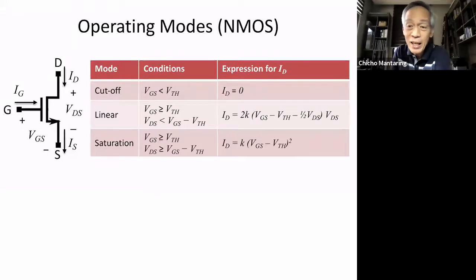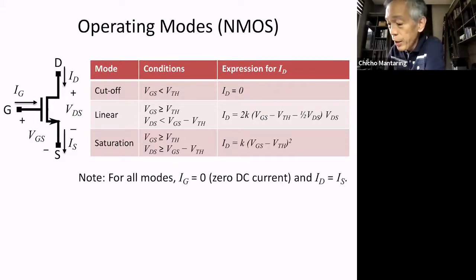So if the voltage applied to the gate is not delivering any power, then your circuit requires very low power to operate. And that's why the MOS transistor became quite popular. It's because it requires very low power to operate. Okay, so that's what I wanted to say here.